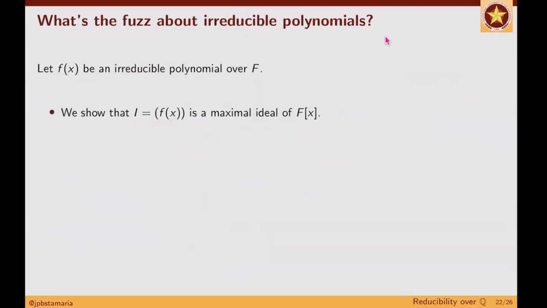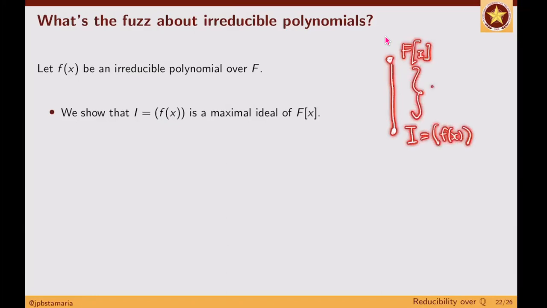Pag sinabing maximal ideal ulit, ito yung F[x], ito yung I mo. Pag sinabing maximal ideal ito, wala kang makikitang ideal na nasa gitna nila. No ideal is intermediate. Yun yung ating terminology. Wala kang makikitang intermediate ideal na nasa gitna ng I tsaka ng F[x].